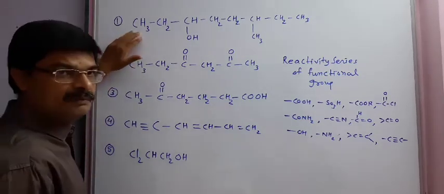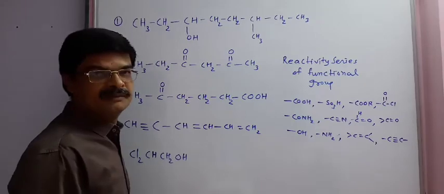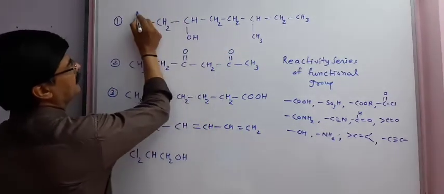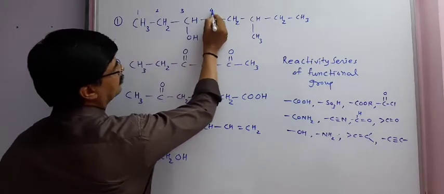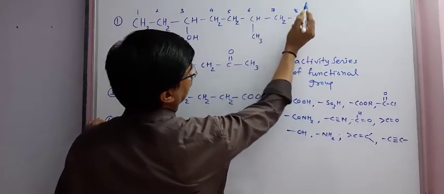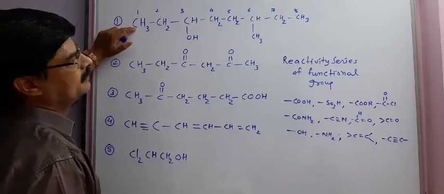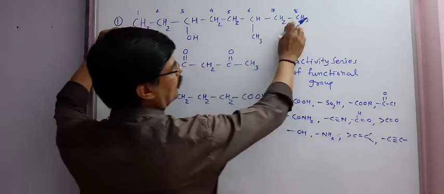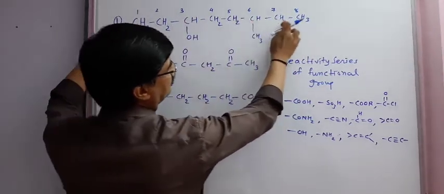For the first compound, first of all we will decide the longest possible chain of this series. Then we will get 1 number carbon, 2, 3, 4, 5, 6, 7 and 8. So first of all, we will get the longest possible chain of carbon atoms of 8 carbons, means octane, because 1, 2, 3, 4, 5, 6, 7 and 8.